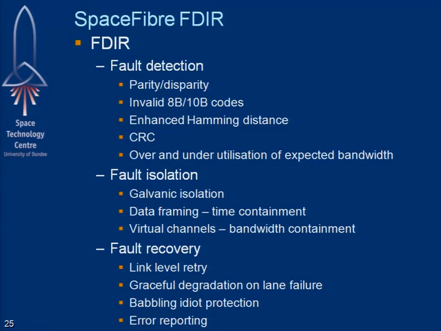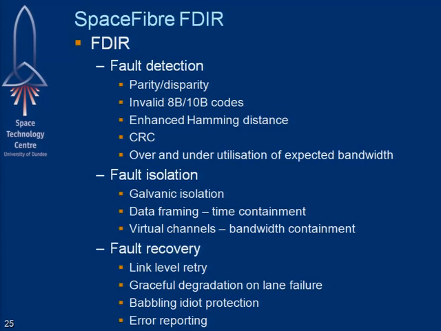You don't have to tweak your timeout timers to cope with that sort of thing. The link level retry will, if there's an error on the link, detect that, recover from it and resend the information within 5 microseconds. So this is one of the reasons why it's worth doing this sort of thing at this low level, because it's fast.